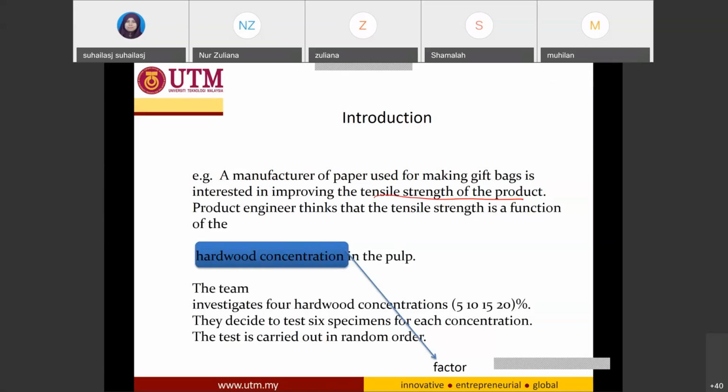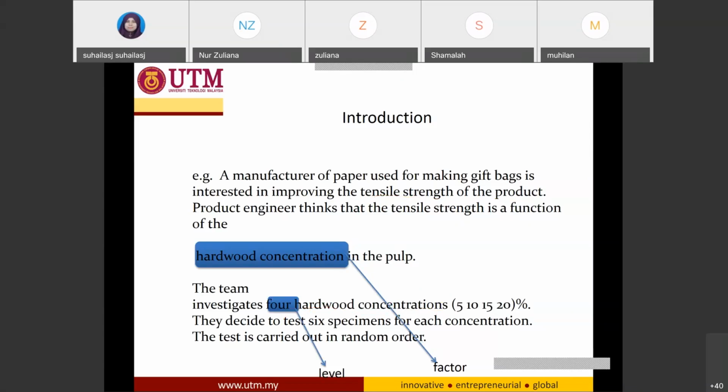In this case, the hardwood concentration is called the factor, the factor we want to study. The team investigates hardwood concentration at 5%, 10%, 15%, and 20%.